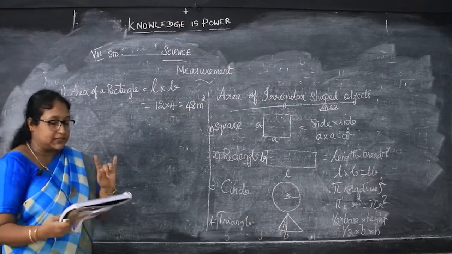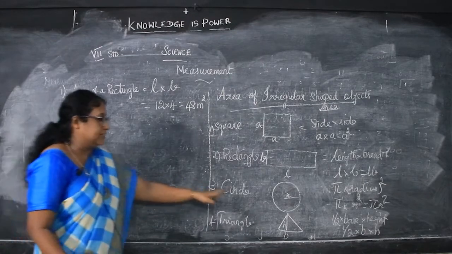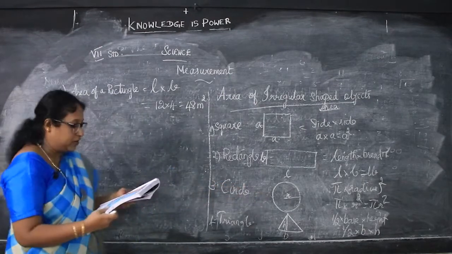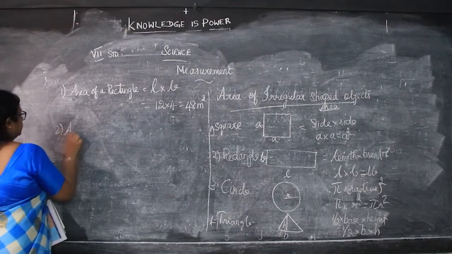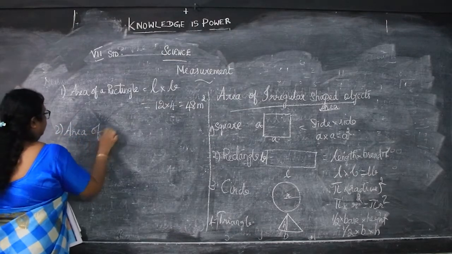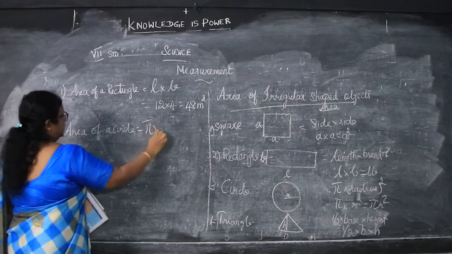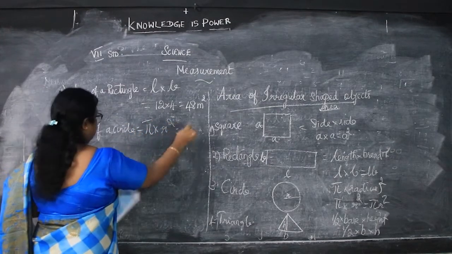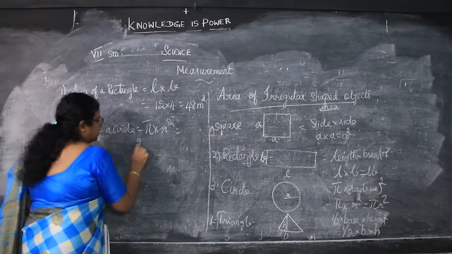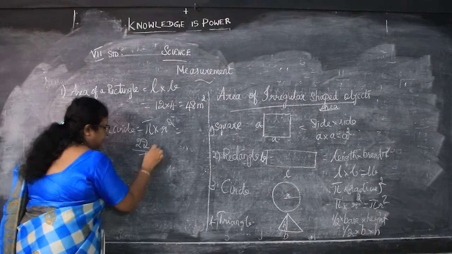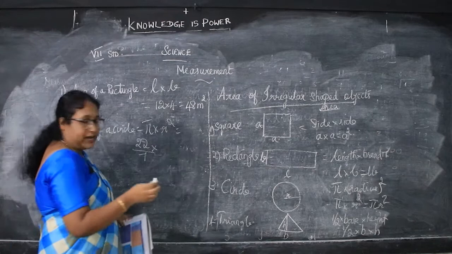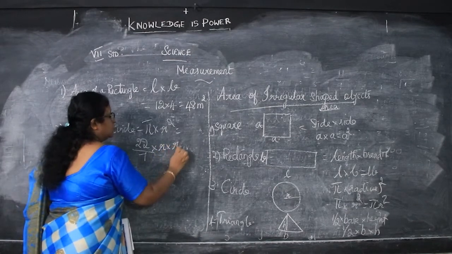Now next question is circle. In the circle I said radius, and the area of a circle is pi into r square. The value of pi is 22 by 7, into r squared, that is r into r.